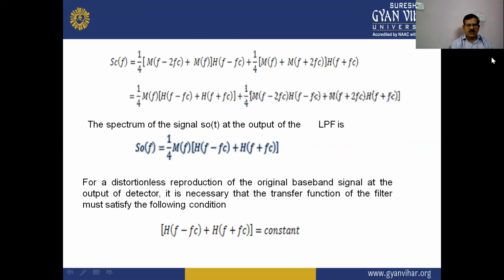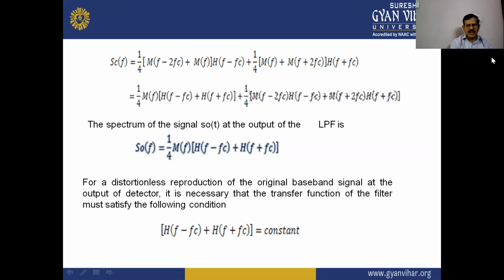So the spectrum of the signal s_0(t) at the output of the low pass filter will be S_0(f) equal to 1 upon 4 M(f)[H(f minus f_c) plus H(f plus f_c)].